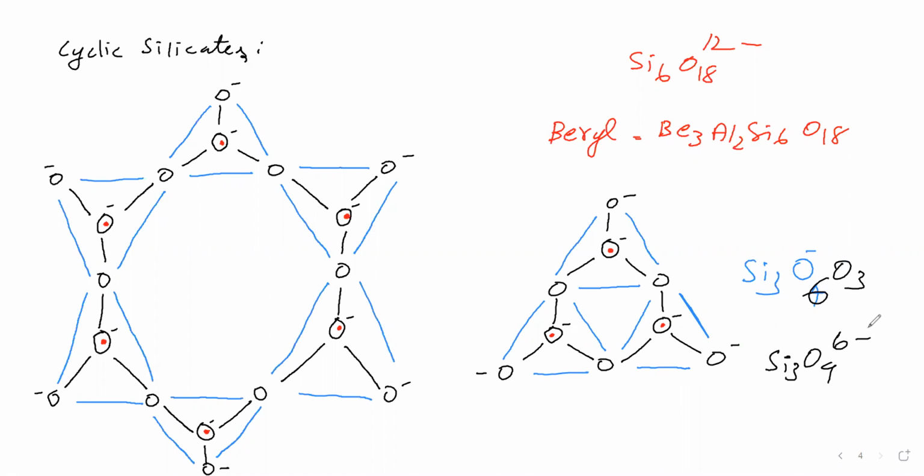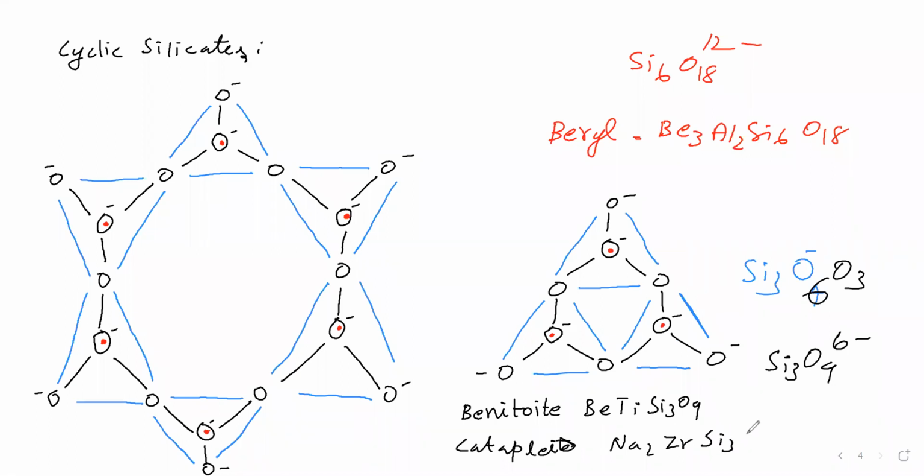For this cyclic silicate, an example is benitoite. For this formula, BaTi Si3O9. Next, cataplite. For this formula, Na2Zr, Na2Zr means zirconium, Si3O9 dot 2H2O.